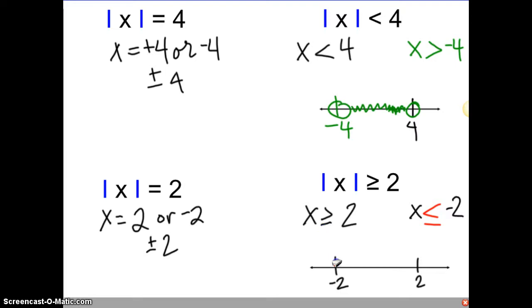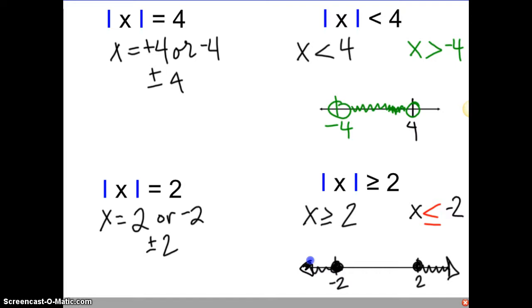This time it's got an equal to, so I put my circle on. I fill them in this time. Now let's see, so x is greater than 2. I just have to pay attention. x is greater than 2 goes this way. x is less than 2 goes this way.